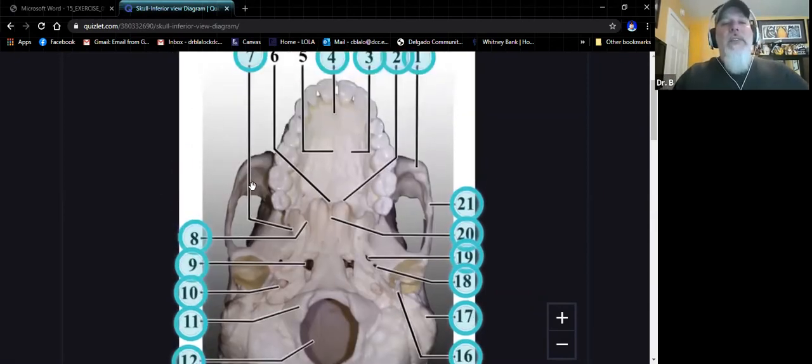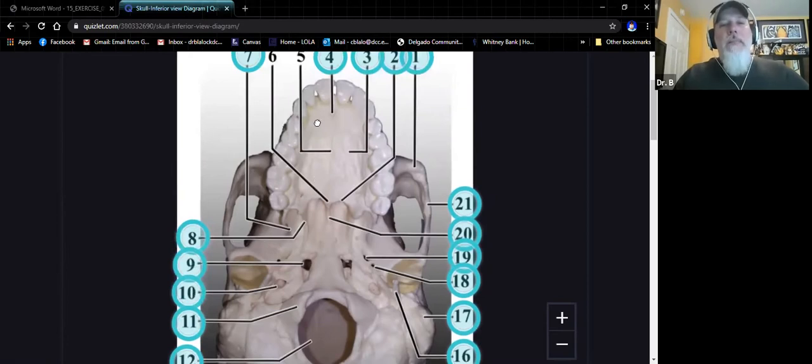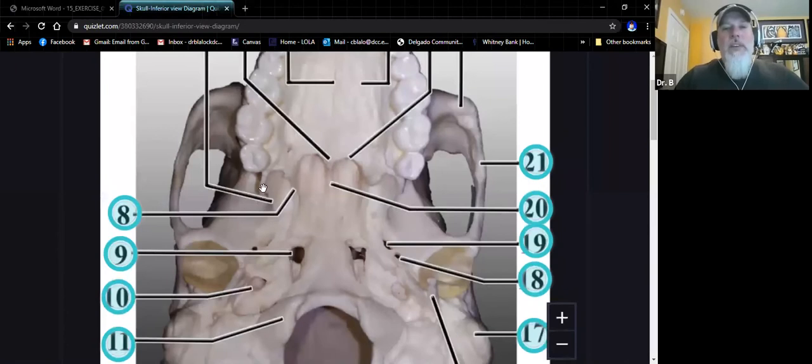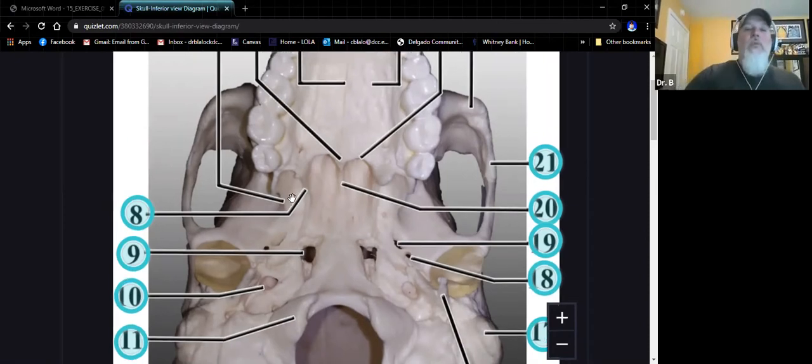Now, number 7 and number 8, all right? You can see on here, number 7 and number 8 are pointing to these little processes of bone that we can see right there, okay? There's one there and one there. There's one there and there's one right there. Now, these processes, or sometimes they're called plates, these are called the pterygoid processes or the pterygoid plates.